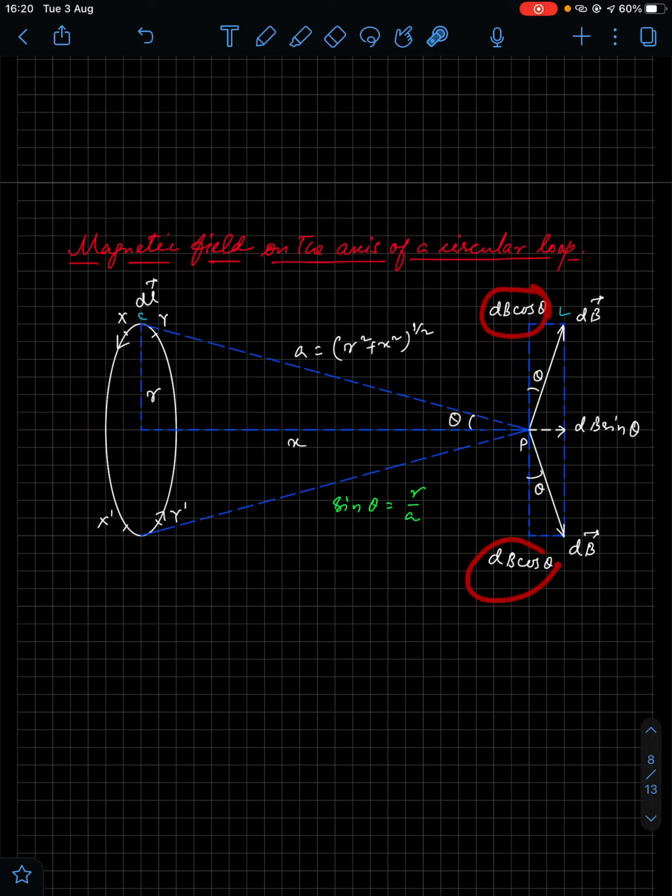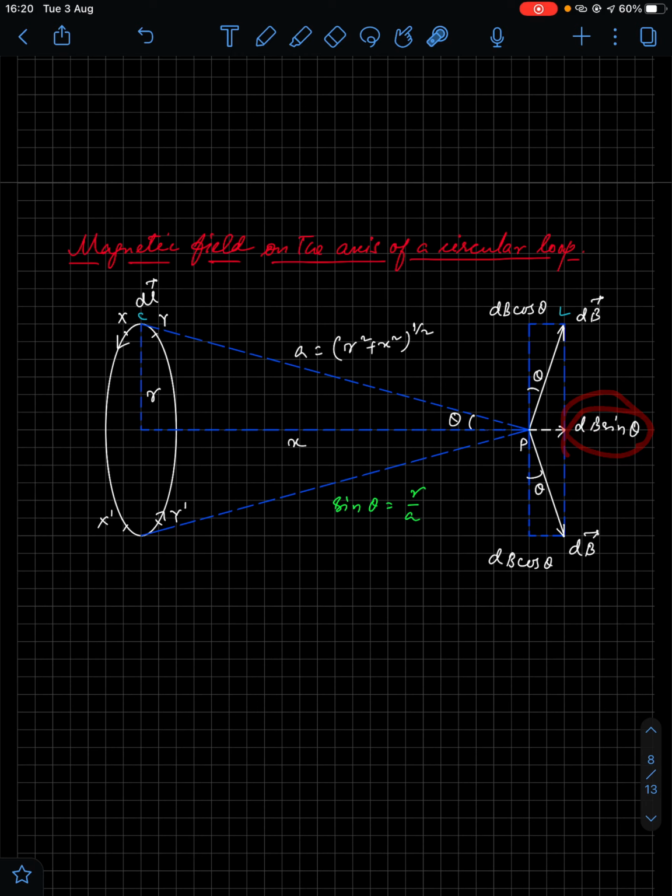Now you can notice one thing, that these dB cos thetas have diametrically opposite components also. Like, same dB cos thetas are lying diametrically opposite, which will cancel each other. But the other component, which is dB sin theta, all the dB sin theta due to all small length elements, they will lie along this direction and they will add up.